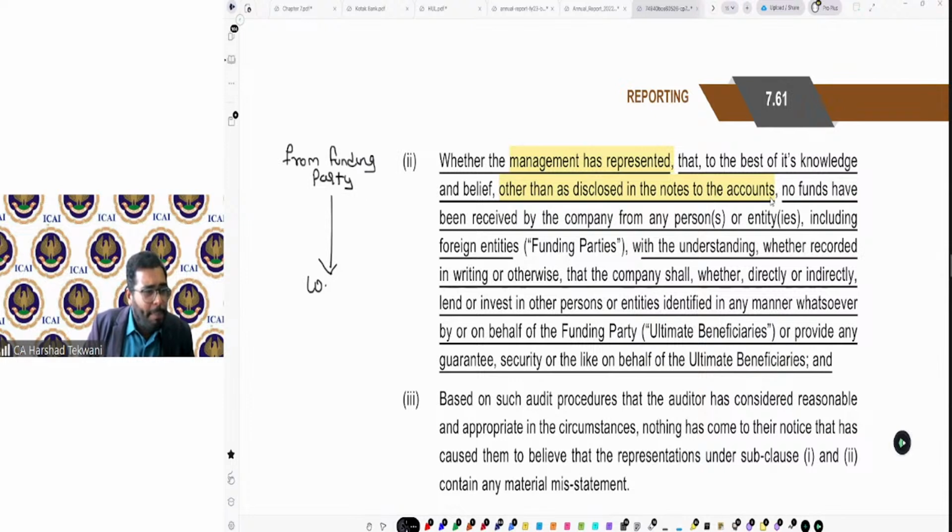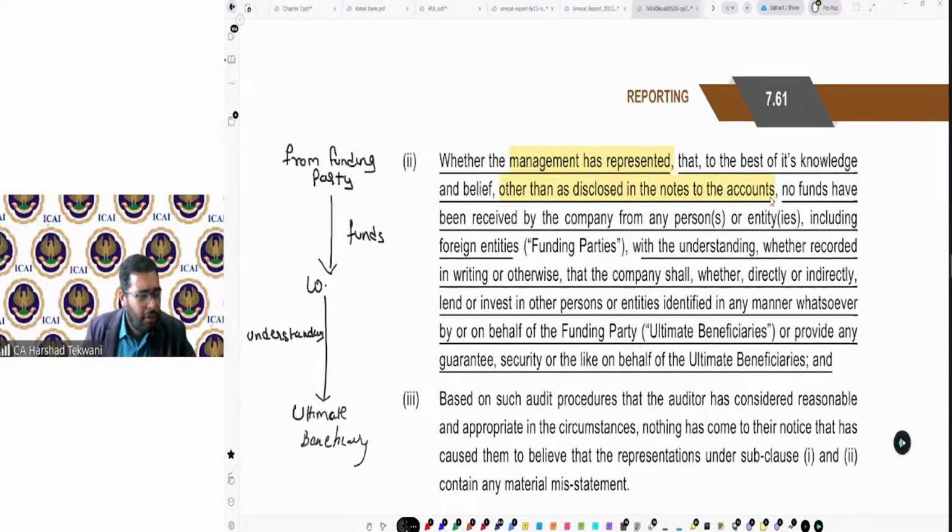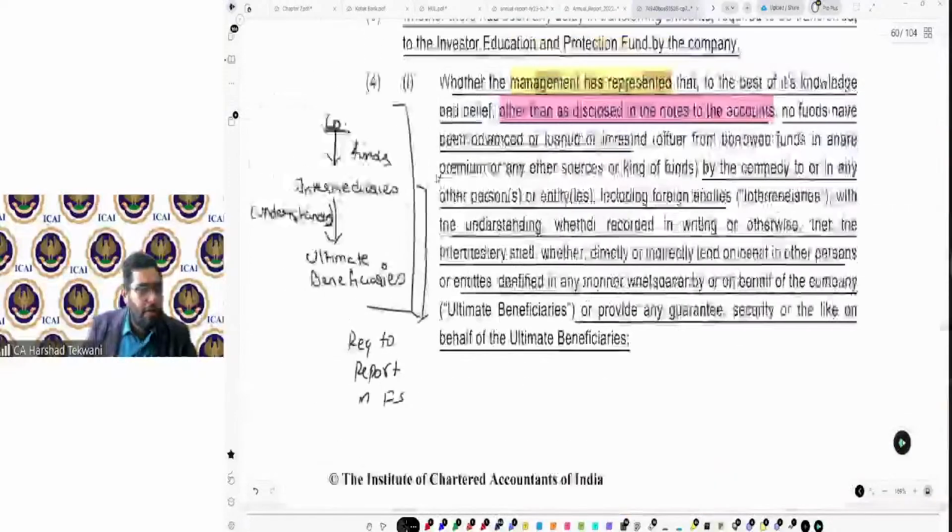whether company has received any funds with an understanding to invest in ultimate beneficiary. Now earlier the company was a funding party.